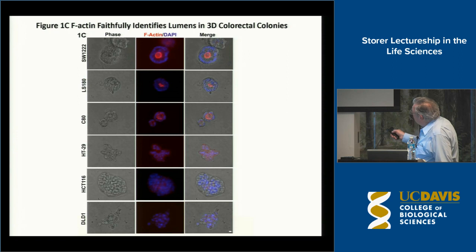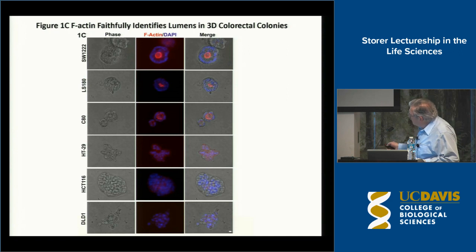So these are different cell lines. I mentioned one is W122, another widely used cell line. And here are these cell lines that don't really make lumens. You can see this is staining with F-actin and DAPI for the nucleus and overlay. In these lumen-forming cell lines, you get these clearly defined structures in the middle of the lumen, which we expect are actually representing the brush border.